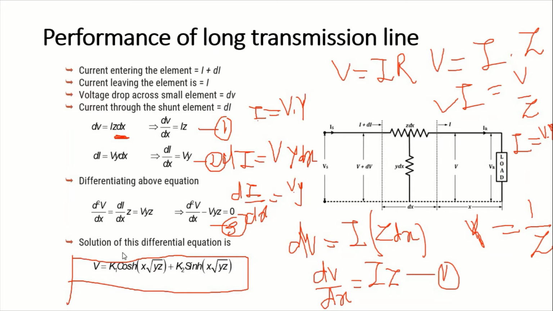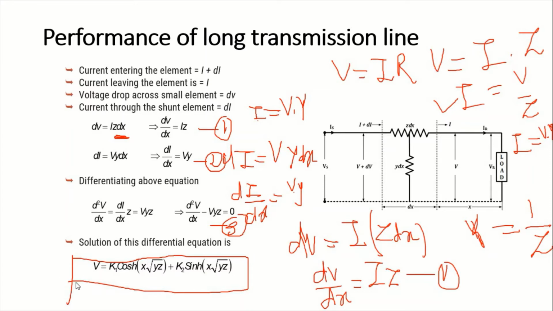Please remember this equation. V is equal to k1 cosh, where h indicates the hyperbolic function of cos, so V is equal to k1 cosh x under root yz plus k2 sinh x under root yz.